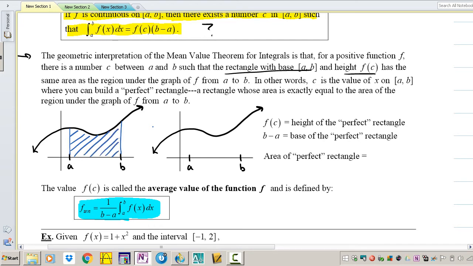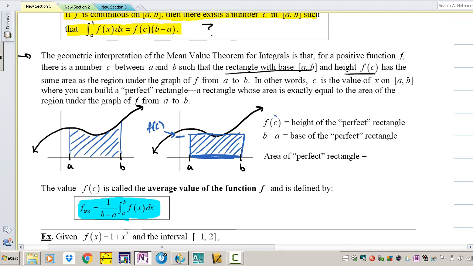The mean value theorem for integrals says that there must be a rectangle with base a to b, and some height f of c, we don't know what f of c is, such that the area of this rectangle is also equal to the area under the curve. That is what the mean value theorem for integrals is trying to say.